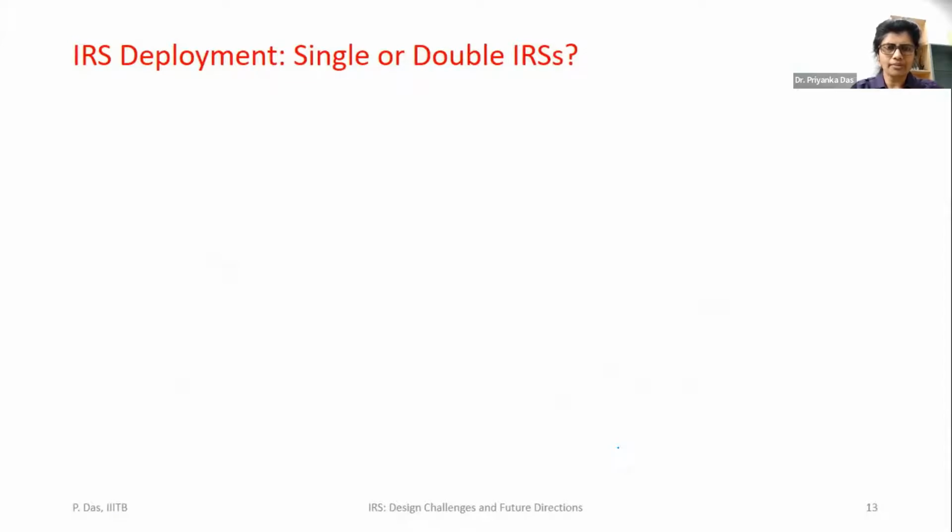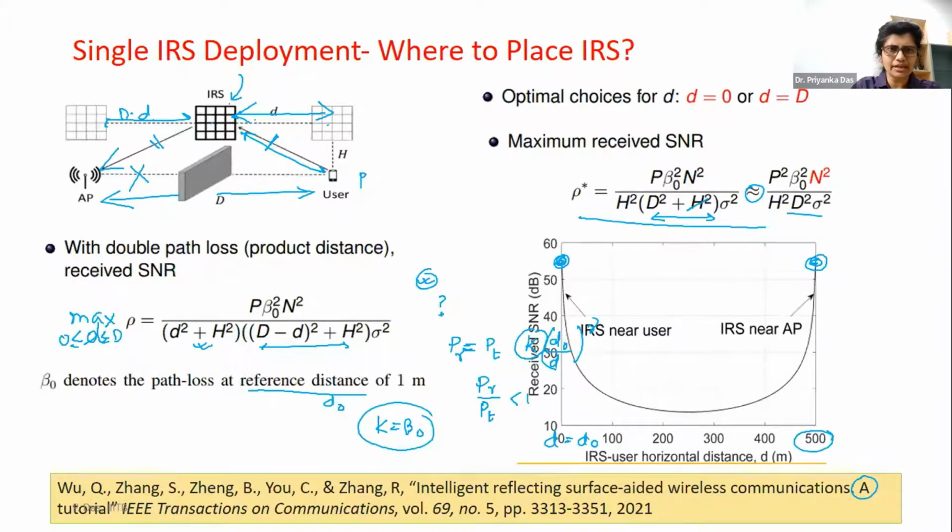IRS deployment. The second problem is whether I should put a single IRS or double IRS. What do you mean by double IRS? Let's say I have a single IRS of N elements. If N is higher, I may not have the space to put that big IRS.